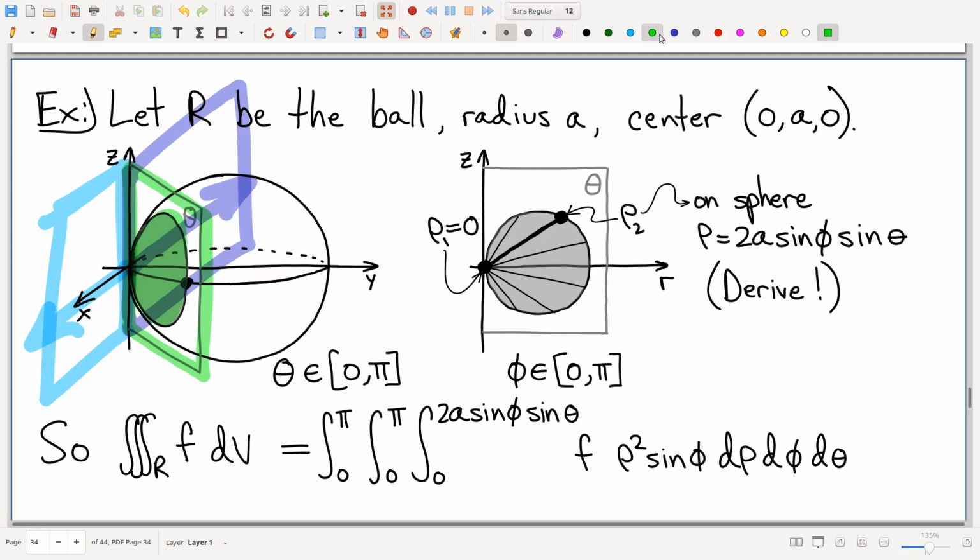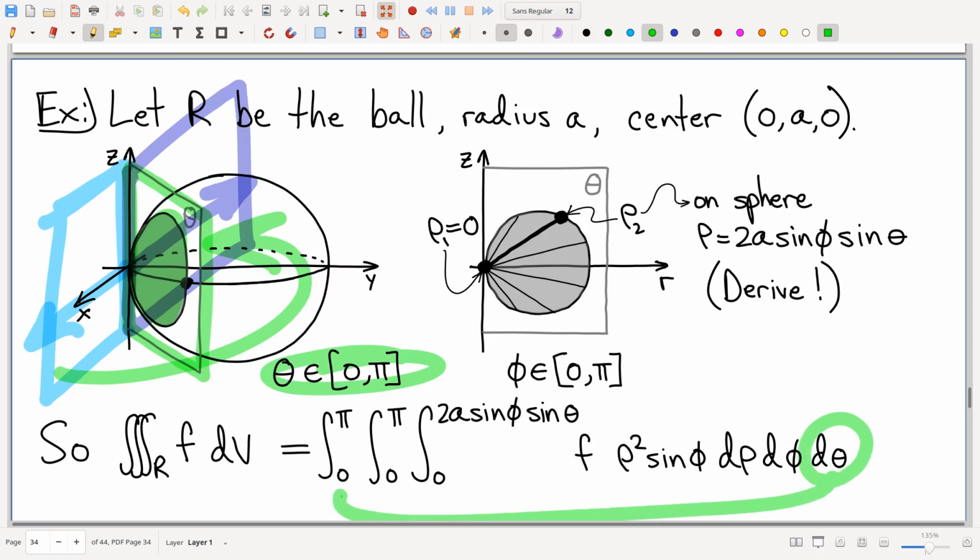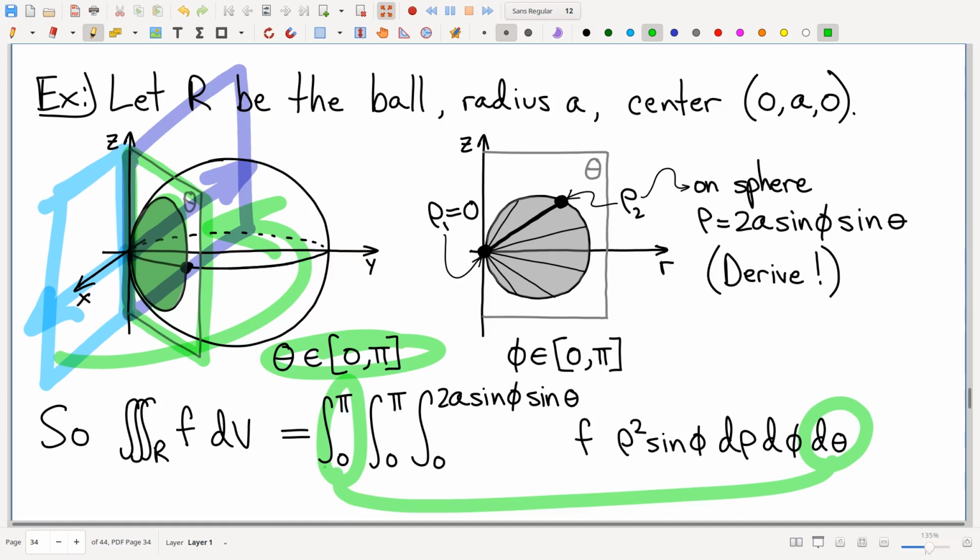And so theta is going to go from 0 to pi. Let's see, I can do it like this. Here we go. Yeah. Theta from 0 to pi.